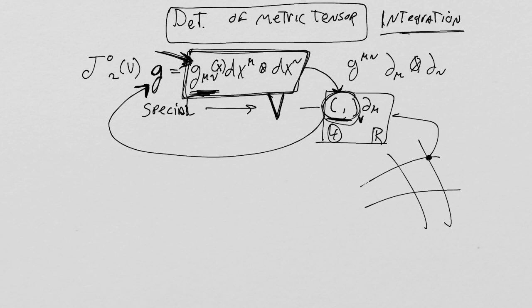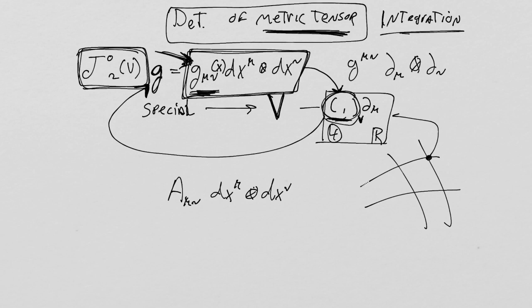Anyway, that's for another time. But when I ask about the determinant of the metric tensor, everything I say is applicable in one way or another to any member of the 0-2 tensor product space, any tensor A mu nu dx mu tensor product dx nu. Any such tensor, we can do the process we're about to do. It just only really helps us for the special metric tensor.